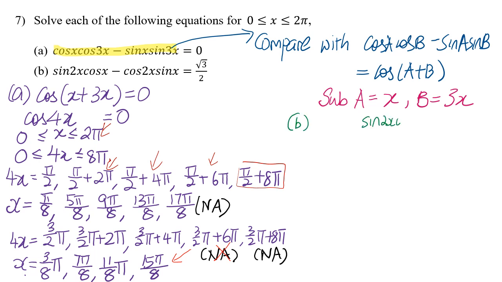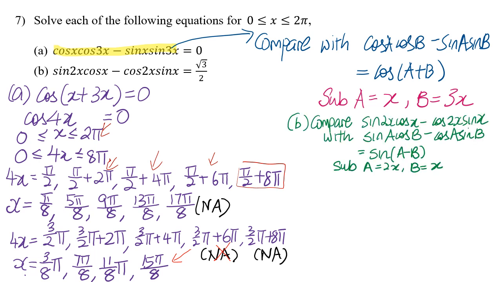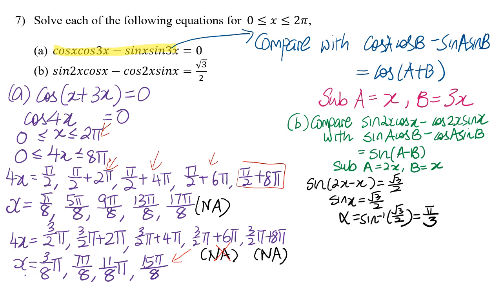Let's look at 7b now. Okay, 7b likewise, compare sine 2x cos x minus cos 2x sine x with sine a cos b minus cos a sine b. So that means we're substituting a with 2x and b with x. So we're actually solving for sine x equals square root 3 over 2.